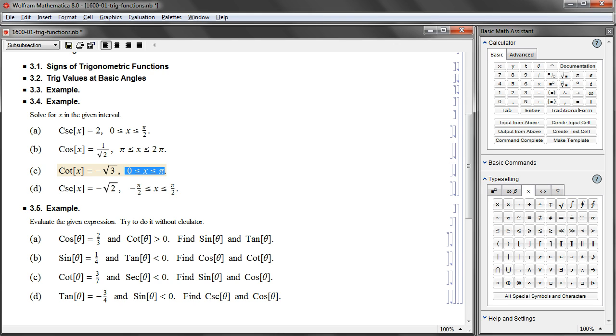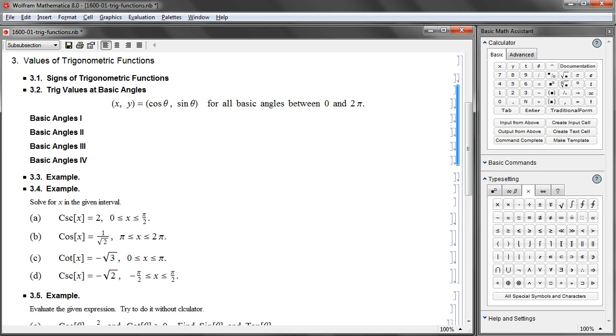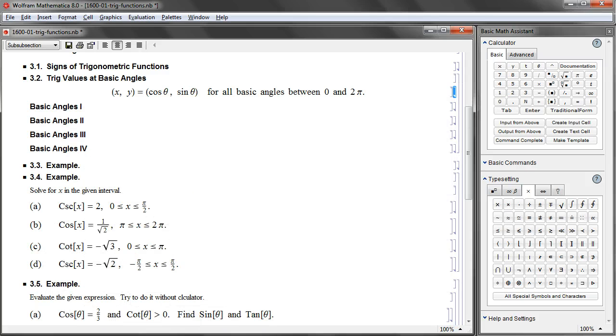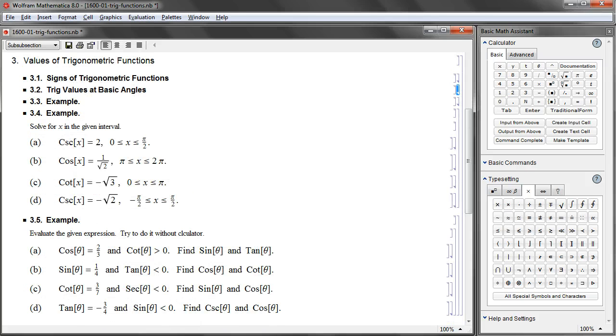And then all you have to do is go to that diagram here, second quadrant, and when do we have cotangent of negative square root of 3, that is x over y is negative square root of 3? Well, that's going to be 5 pi over 6, or 150 degrees. Those are a little bit harder, but still easy enough.